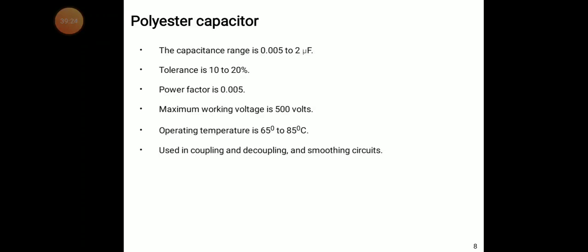These polyester capacitors are used in coupling, decoupling and smoothing circuits. We use them for coupling two circuits, decoupling two circuits, and smoothing the circuits. Smoothing means avoiding some noise, unwanted AC signals, or some DC signals, or the waveform is smoothed by using these capacitors.